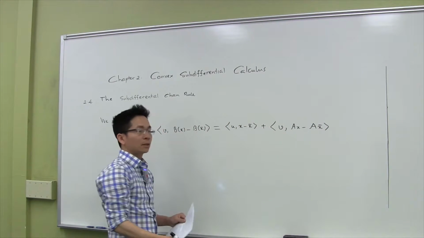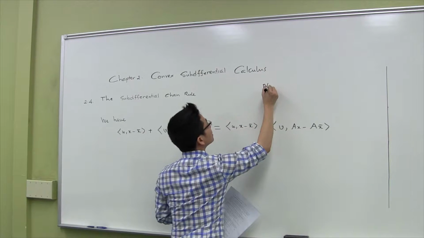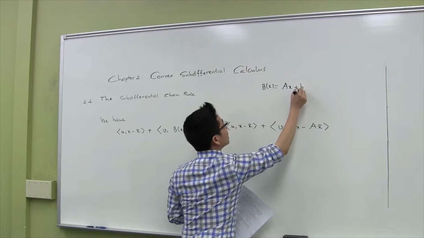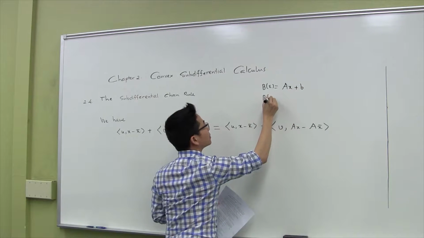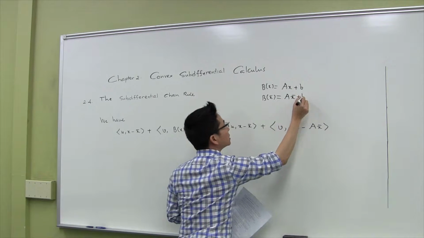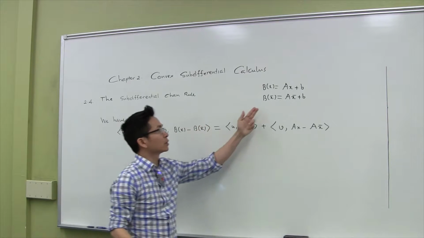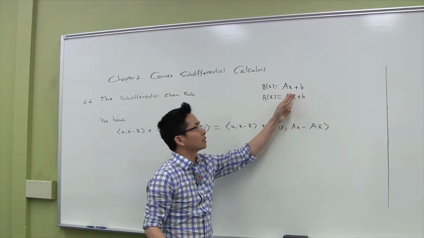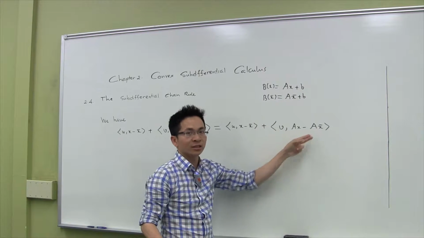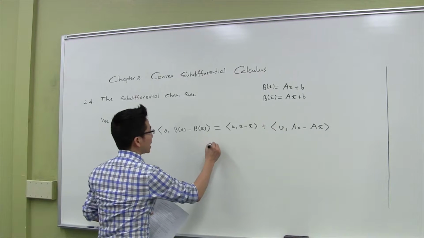Note that this is true because B of x is equal to Ax plus b and B x bar is equal to A x bar plus b. Therefore, B x minus B x bar is equal to Ax plus b minus A x bar minus b, and we end up having this formula.